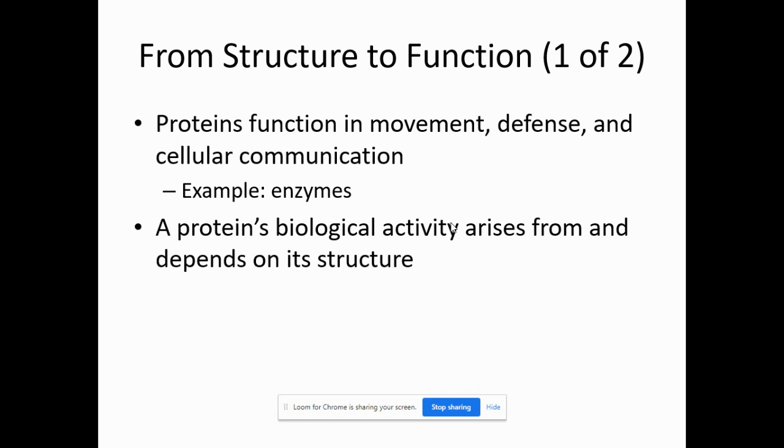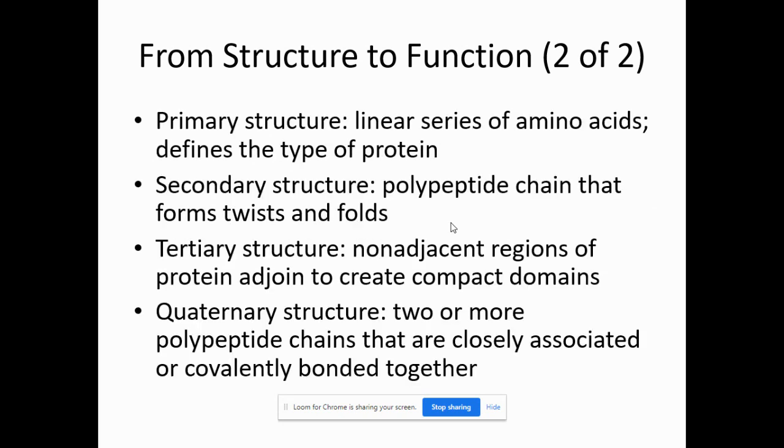Well, proteins have different levels of organization. Proteins function in movement, in defense, and in cellular communication. We just mentioned enzymes a few minutes ago, but most enzymes are proteins. A protein's biological activity arises from and depends on the structure of the protein.